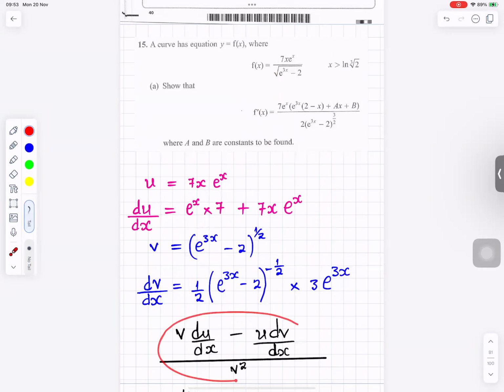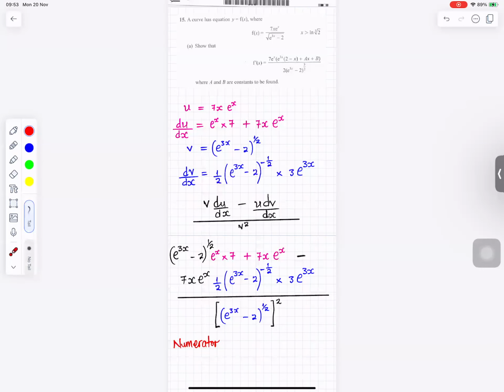And I'm going to use a quotient rule formula, which is written there. So we put all of that together in the quotient rule formula. We want to put v first, and then we put du over dx, which is the one in pink. And then after that, we put u, which is 7x e to the x, and then minus the dv over dx, all over v squared.